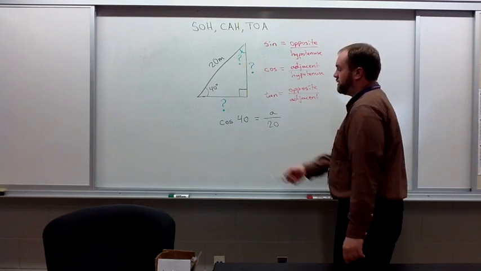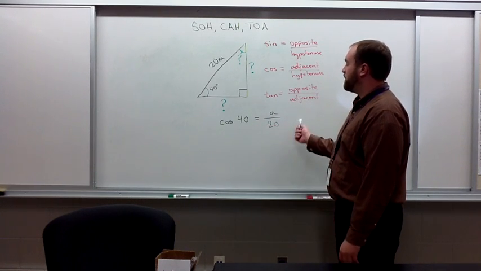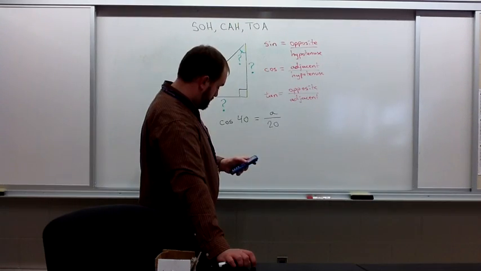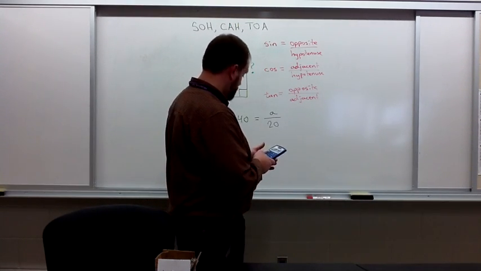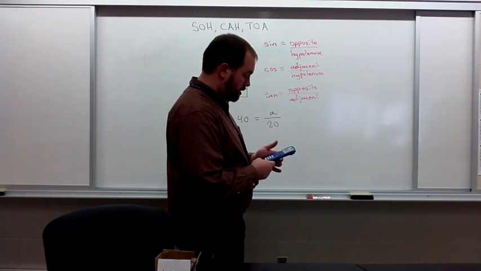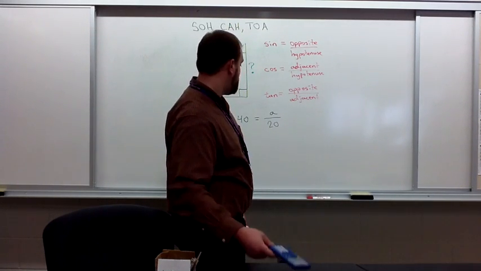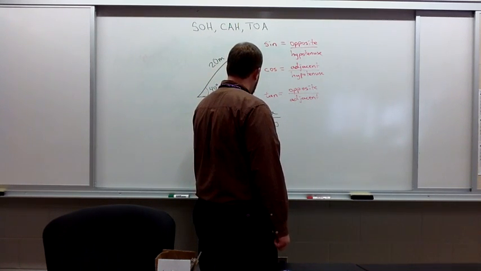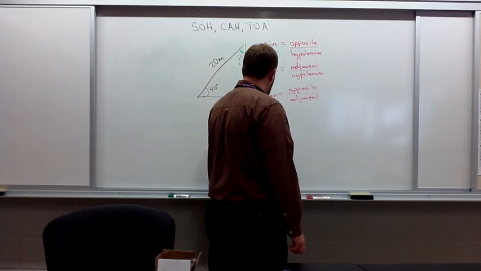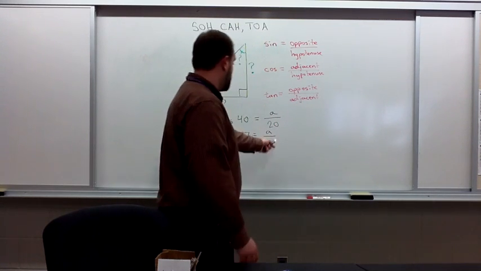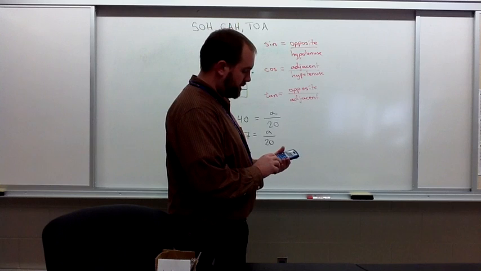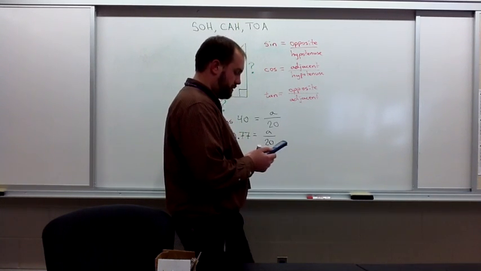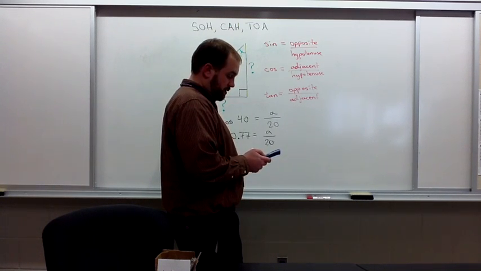Alright, to solve this, I've got to figure out what the cosine of 40 is, and then multiply both sides by 20. Alright, let me grab a calculator. Cosine of 40 degrees is 0.77. 0.77 equals A over 20. Got to multiply both sides by 20 to get rid of that 20. Hold on. Let me make sure that I'm in degrees.